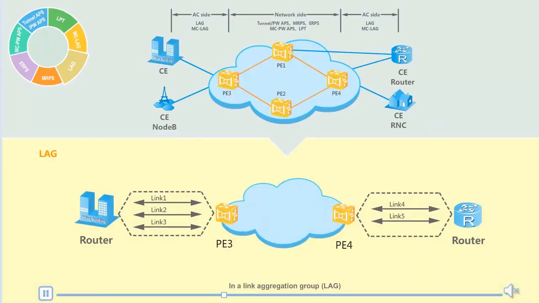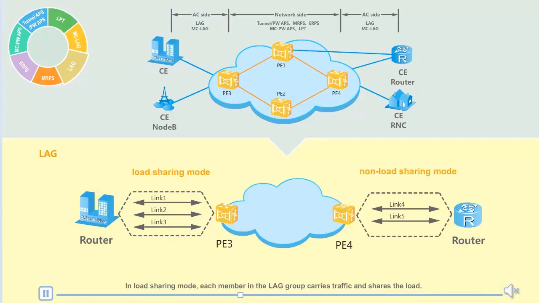In a link aggregation group, LAG, multiple Ethernet interfaces are bound into a logical interface to increase link bandwidth and improve link reliability. A LAG group can work in load sharing or non-load sharing mode.